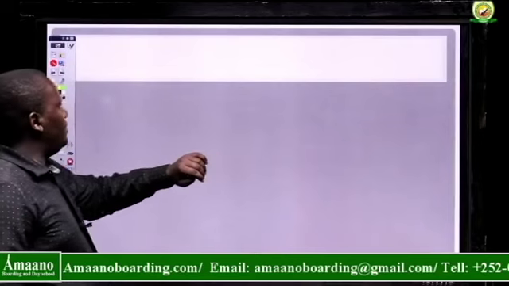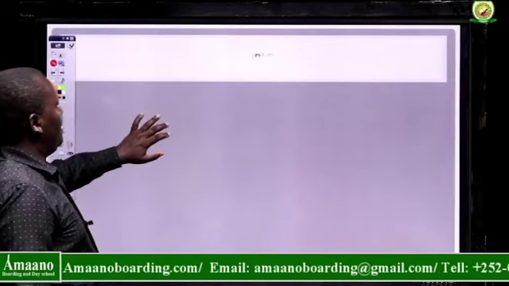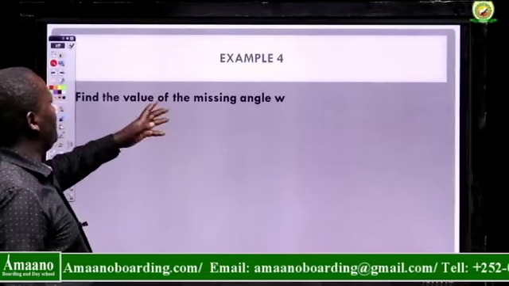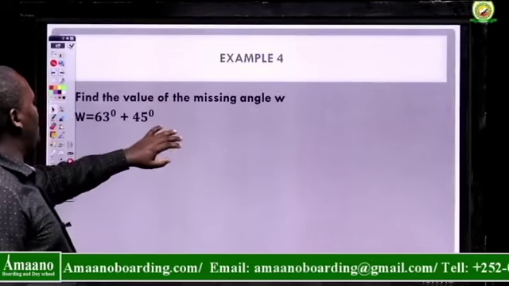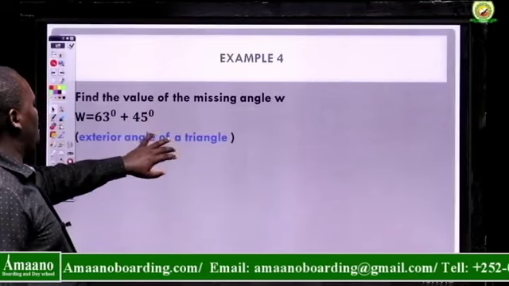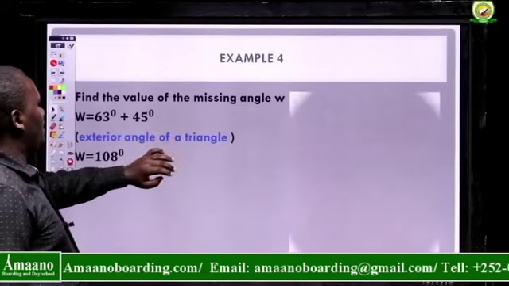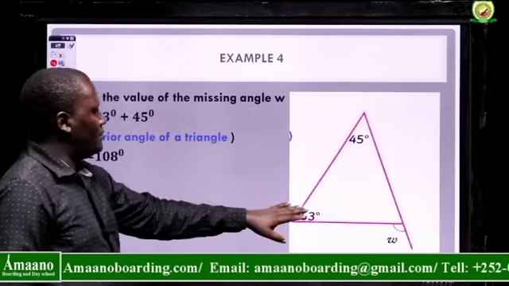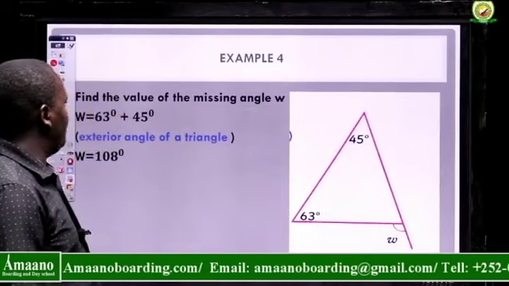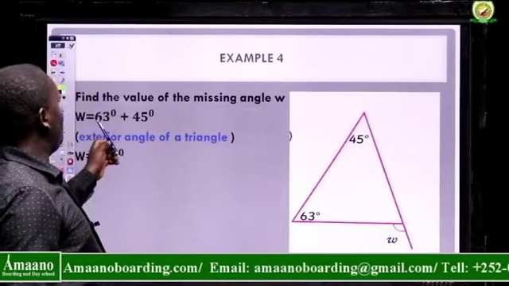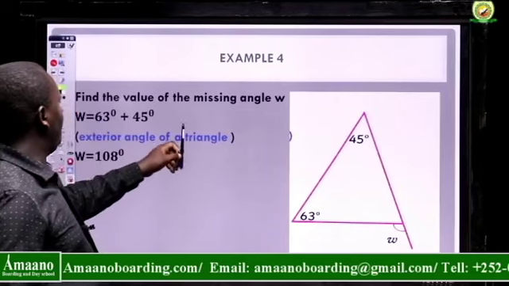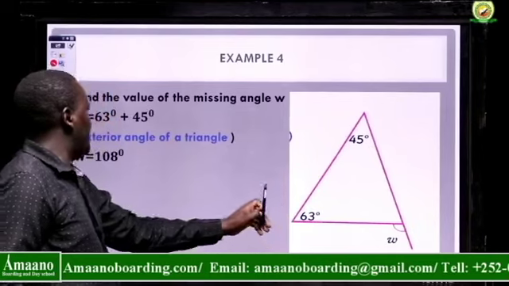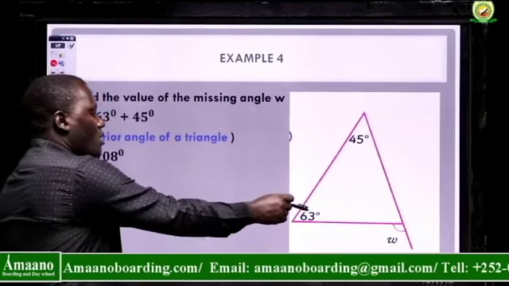Let's check the next example. This example, you can look at it by yourself. It's not hard. Find angle W. You'll only look at it, but I'm not doing it for you. I'd like you to follow by yourself. W equals 43 plus 45. Those are the interior angles.